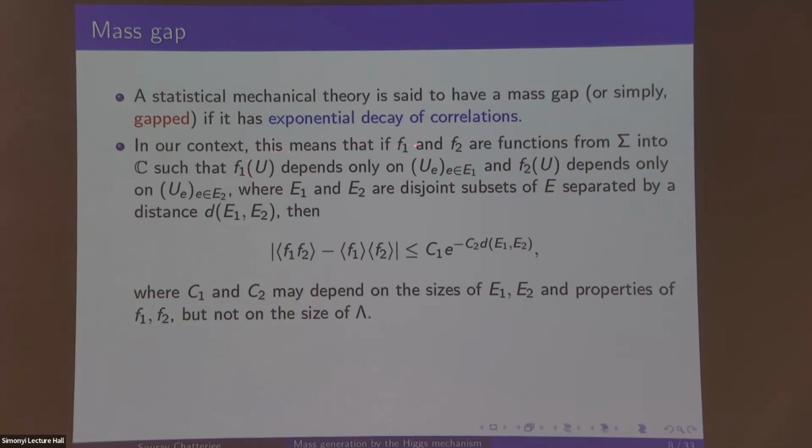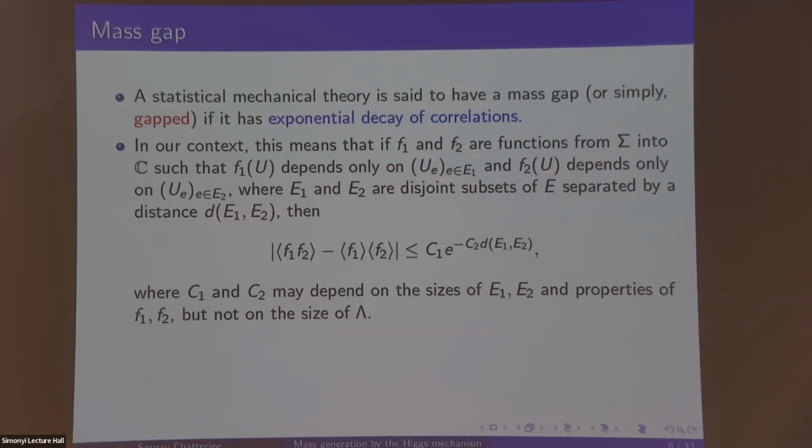What does this mean? Again, roughly speaking, suppose f1 and f2 are two functions from the configuration space into the complex plane, such that f1 depends only on the values of u at a certain small collection of edges, maybe 5 edges or 3 edges, and f2 depends only on another small collection, and these are disjoint subsets separated by some distance.